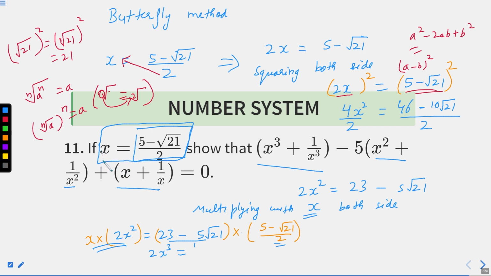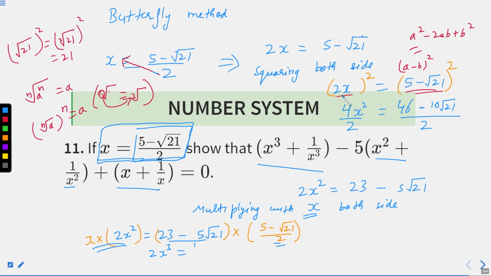Let me go through the steps once again. So x is equal to 5 minus root 21. I started by 2, then applied butterfly. So 2 is now given to x, so it is 2x equals 5 minus root 21. Now I am going to square both sides.